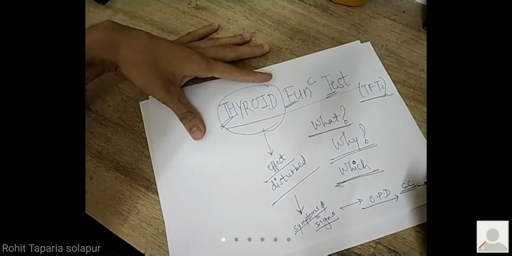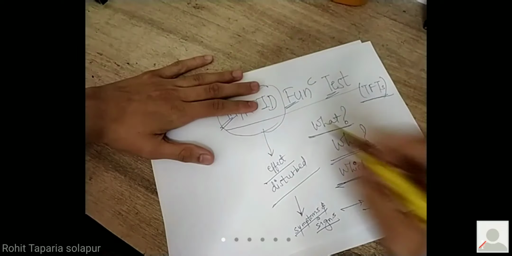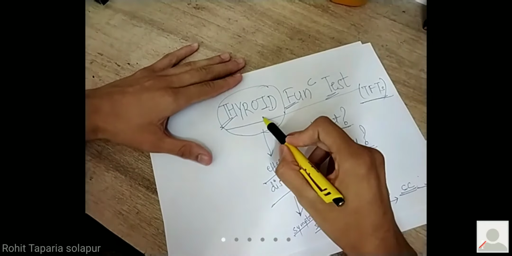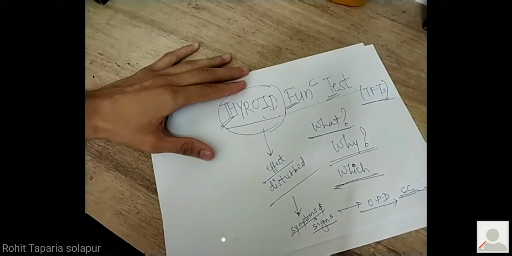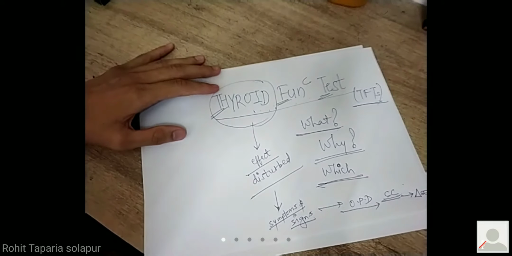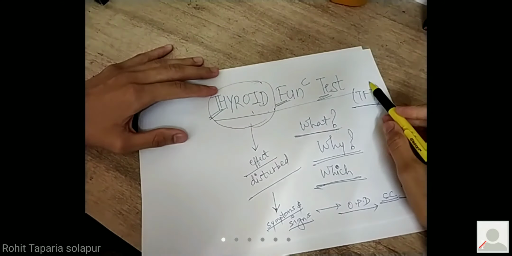When you diagnose it as a dysfunction of the thyroid, you will direct the patient to go for thyroid function test in the pathology lab or the biochemistry lab. Getting it? So, why study thyroid function test?